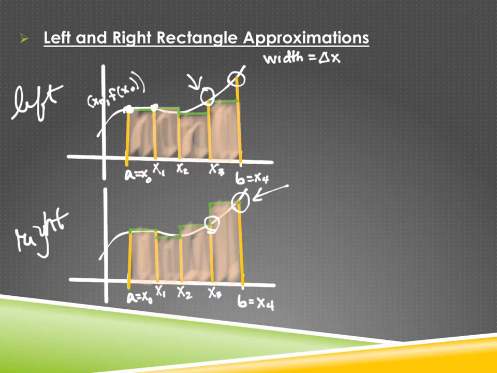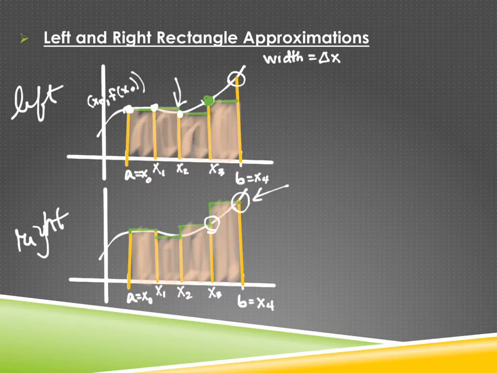What would be the height of the second rectangle? Yeah, it would be the f of x1. It's the y value at the x1 coordinate. And then the third one would be the y value at the x2 coordinate. And the fourth one is the y value at the x3 coordinate. There are 4 heights, and they're all just different y values along this function.